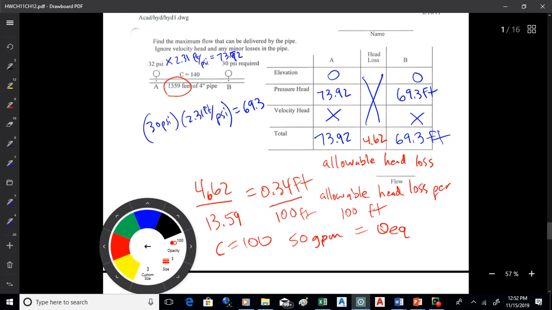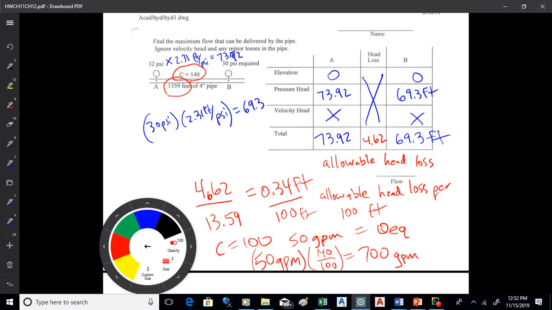So for C100, what we end up with there is 50 gallons per minute. That's the equivalent flow. But we've got a higher C, C140. We'll get more flow through that pipe. So if I take the 50 gallons per minute and multiply it by C over 100, I'll get the actual flow, because with that smoother pipe I can get more flow through it for that given head loss. I can get 700 gallons per minute through it.